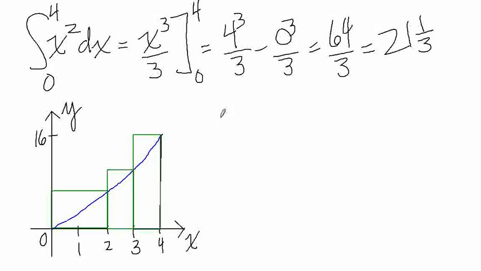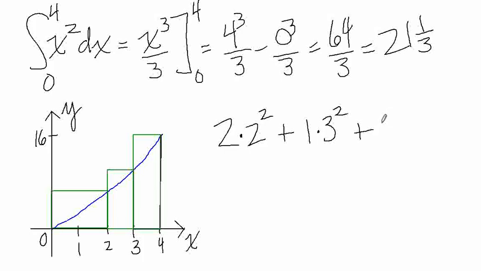So the leftmost rectangle, the area would be 2 times 2 squared. The width is 2, and the height was found by evaluating x squared with respect to x equal to 2. Okay, the next rectangle has a width of 1, and the height would be 3 squared. We know that because we have to evaluate x squared with respect to x equal to 3.